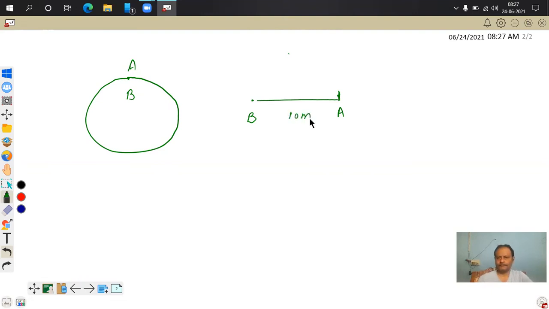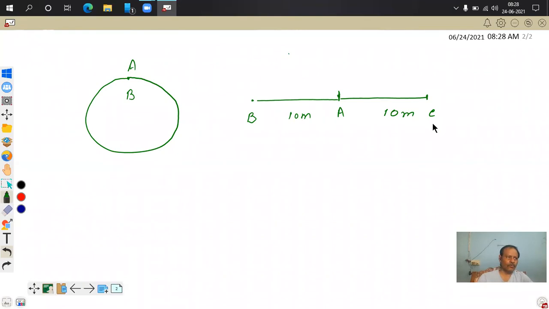Correct? हम लोग को जाना था A से B तक. हम लोग को पता है कि 10 मीटर की दूरी है, मगर हम लोग क्या किए, हम लोग चल गए यहां तक, जो कि 10 मीटर की दूरी है. करेक्ट? समझ में आया सिचुएशन? We have to move from A to B. हम लोग को A से B तक जाना था, मगर हम लोग क्या किए, A से C तक चल गए.